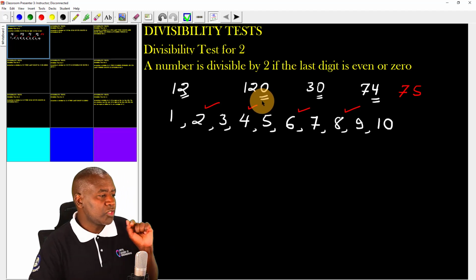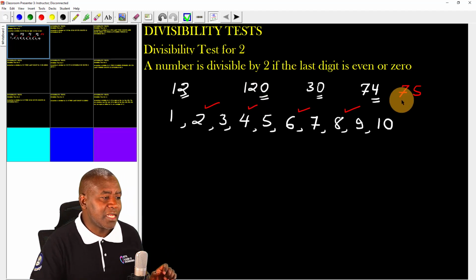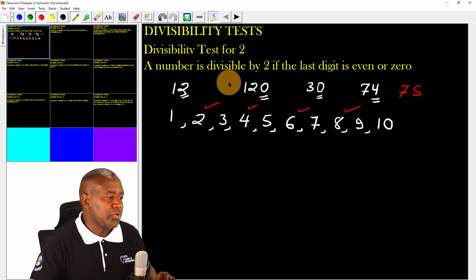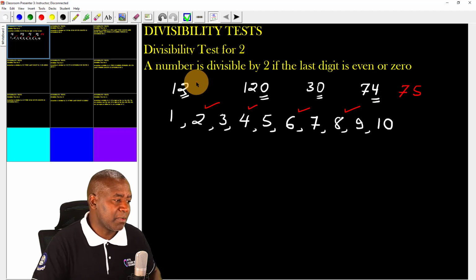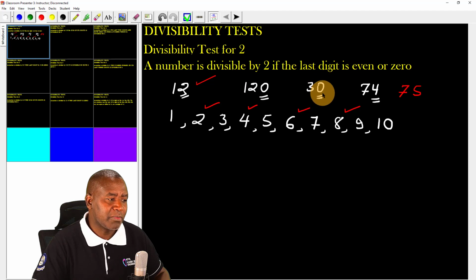So to make it simple, are these numbers divisible by 2? Yes. 12 is divisible by 2 because the last digit is even. 120 is divisible by 2 because the last digit is 0. 30 is divisible by 2 because the last digit again is 0. 74 is divisible by 2 because 4 is even.